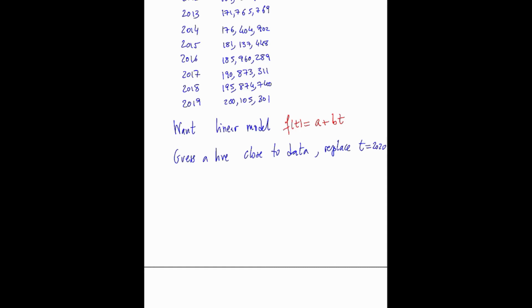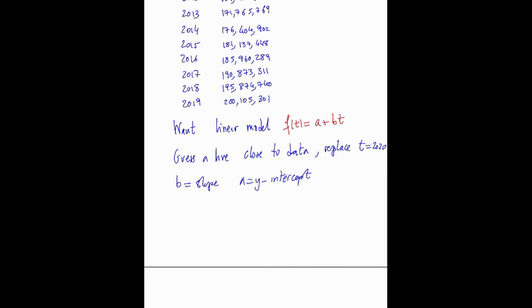But how do we get that line? A line has two parameters, b, which is the slope, and a, which is the y-intercept. We have to get these parameters from the data.